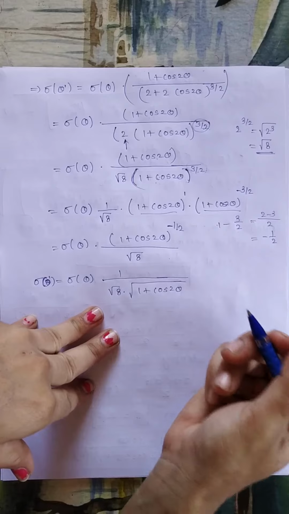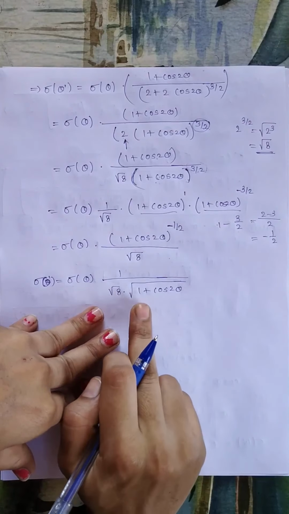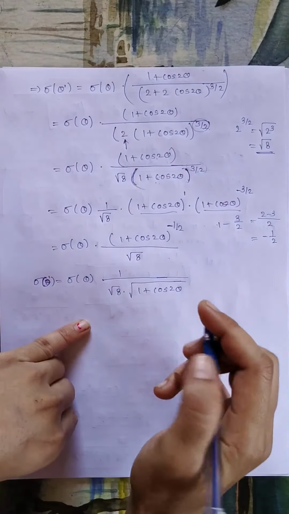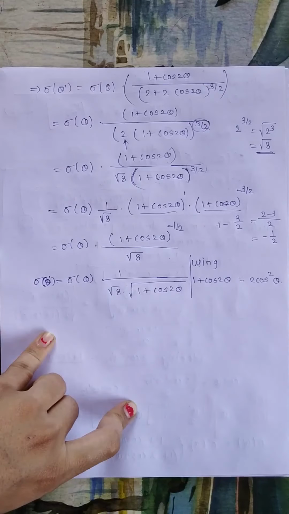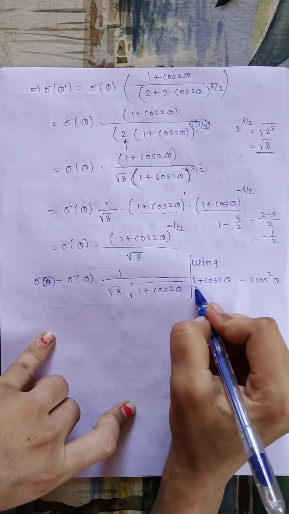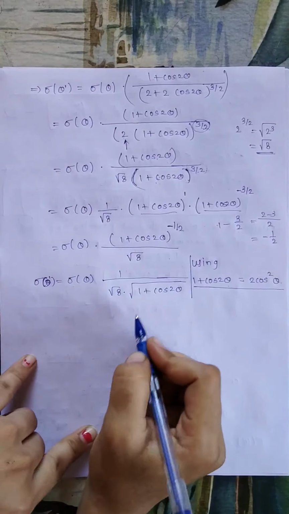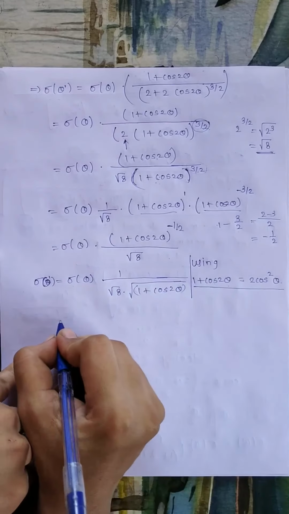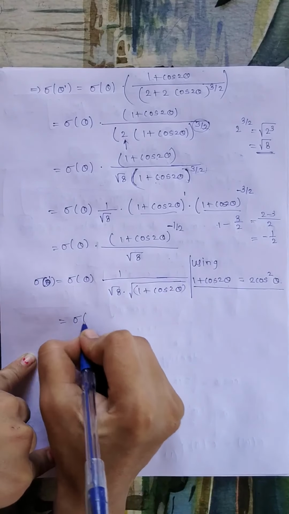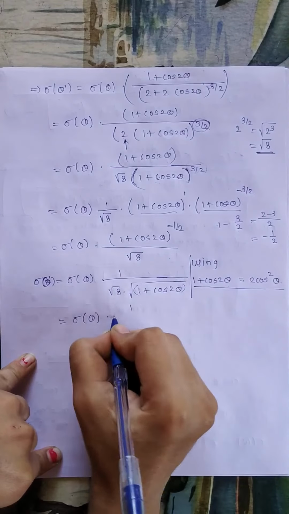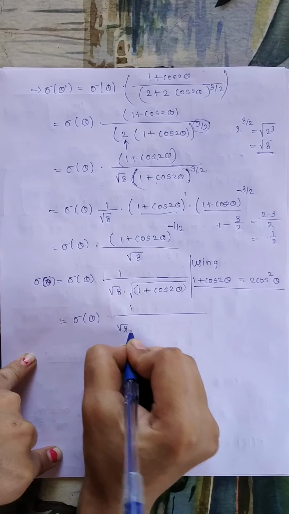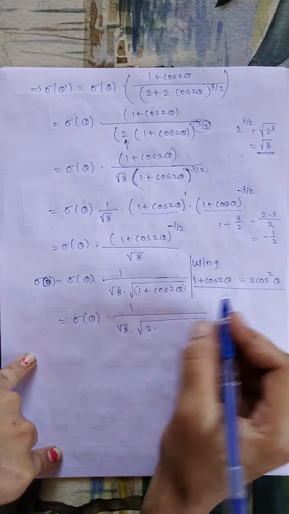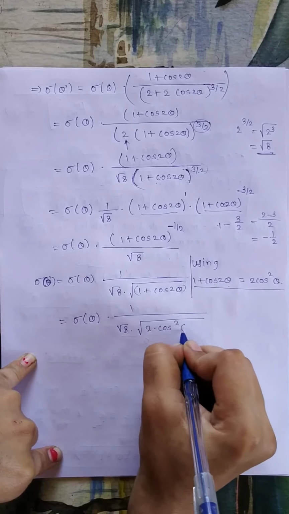Now if you observe this, here we will again use the identity, that is 1 plus cos 2 theta equals to 2 cos square theta. So instead of this 1 plus cos 2 theta, I can put it as 2 cos square theta. I will get sigma of theta into 1 upon root 8 into root of 2 into cos square theta.